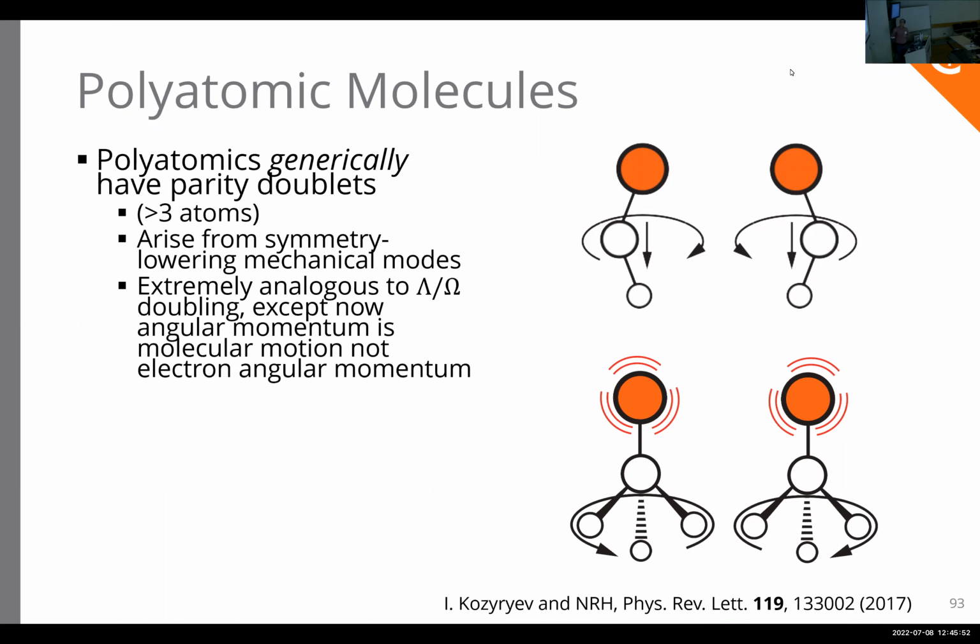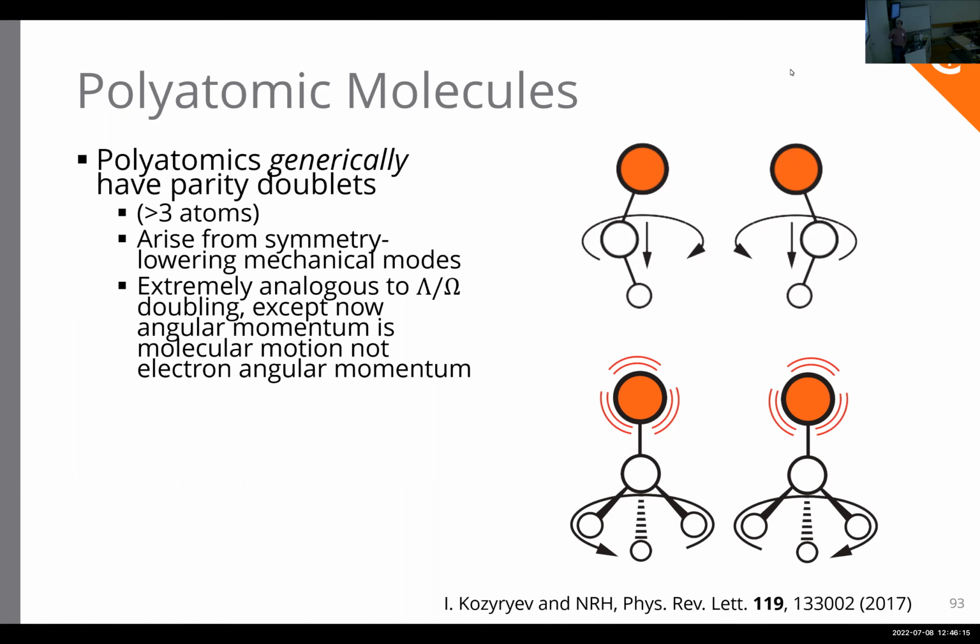Generically, it's generic because it arises from mechanical modes in the molecule. This lambda and omega doubling I talked about, like in ThO, relies on electronic structure. This just relies on the mechanical motion of the thing you bond to it. So you can get that in addition to whatever the properties of the metal give you.